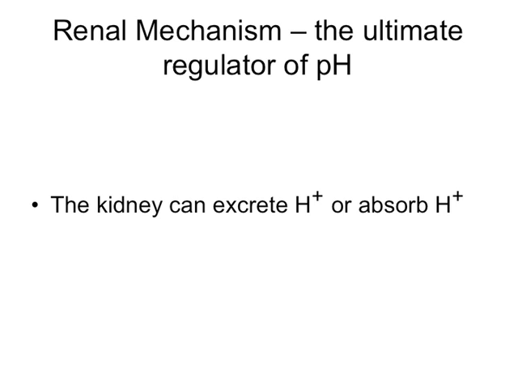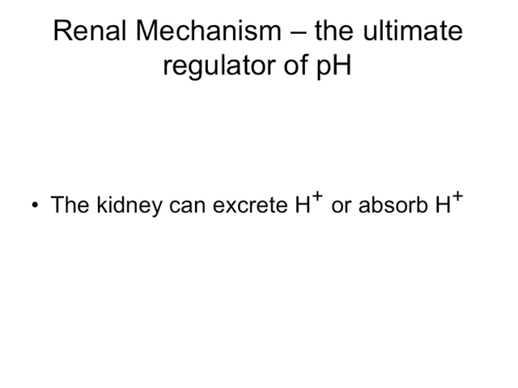Now finally, we see that the renal mechanism is the ultimate arbiter of our pH. You see that the amount of acidity can be regulated by the chemical systems in the body, and we've just discussed how the amount of acid can be regulated by the respiratory activity, either retaining or blowing off carbon dioxide.